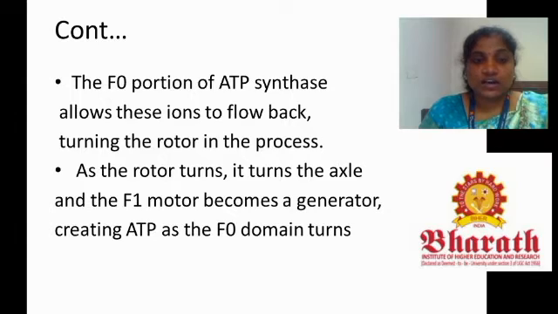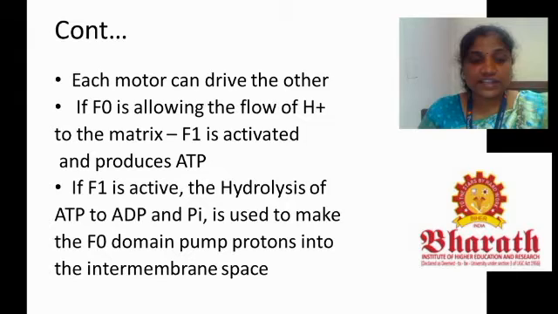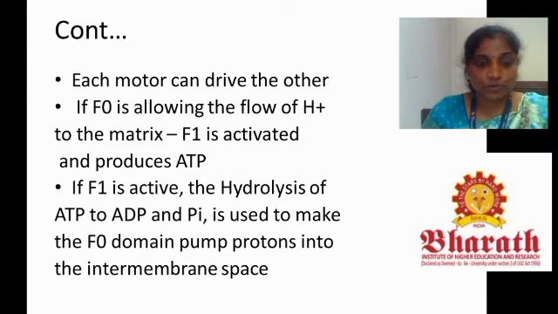As I told, the F0 portion of the ATP synthase structure allows these ions to flow back, turning the rotor in the process. As this rotor turns, it turns the axle and the F1 motor becomes a generator, creating ATP as the F0 domain turns. There are two motors, F1 and F0, and each motor can drive the other.